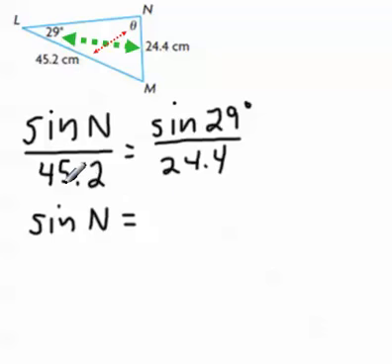So from here, we have to get rid of the 45.2. So you multiply both sides by 45.2.